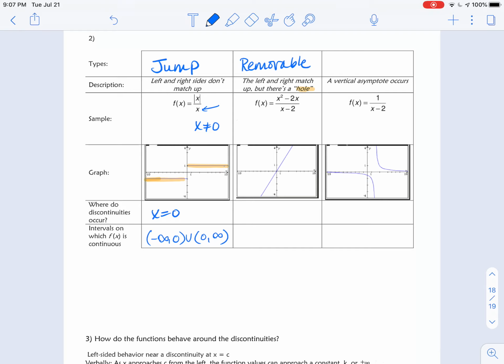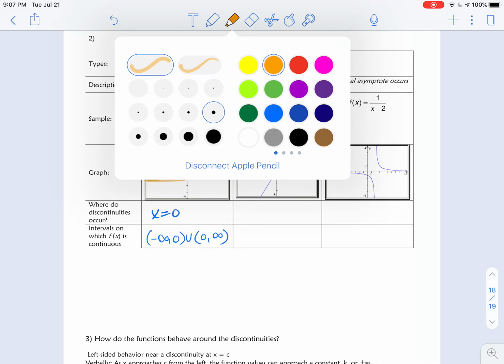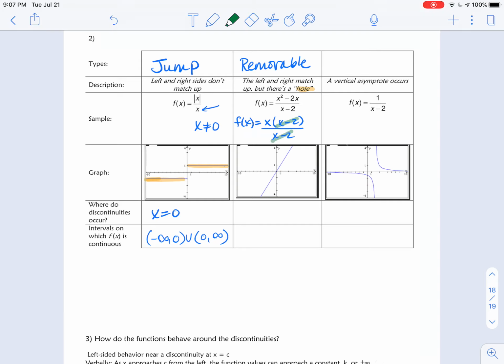So when we've got a rational function like this one, f of x equals x squared minus 2x over x minus 2, of course our first step is always to factor and simplify. In the numerator, our common factor is x. So if I factor that out, I'll be left with x minus 2. And we can see that in both the numerator and the denominator, we have this common factor.